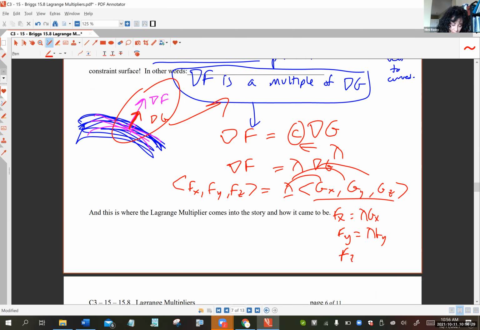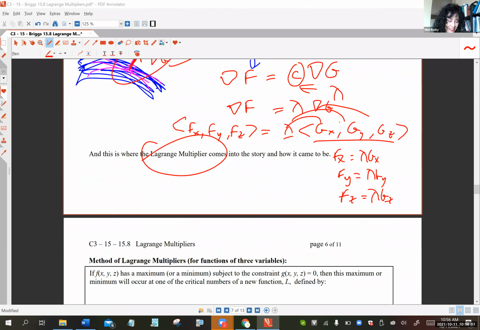Okay? And we're done. And that's why Lagrange multipliers work, because these two gradients are parallel and the Lagrange multiplier is the multiple. Pretty cool, huh? I just derived the whole reason for it. I thought that was exciting.